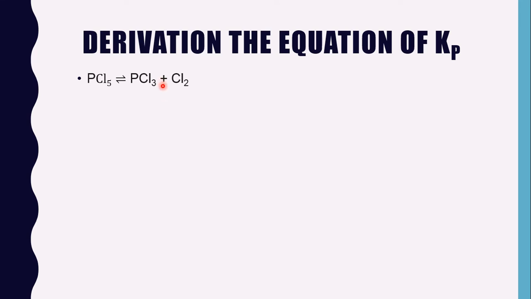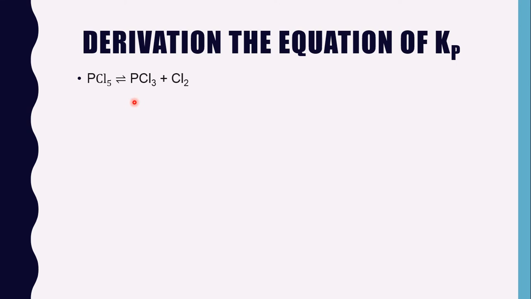Now what is Kp? Kp is the ratio of partial pressure of the products and partial pressure of the reactants. That means Kp equals partial pressure of products divided by partial pressure of reactants. That means to derive the equation of Kp, we need to know the partial pressure of products and partial pressure of reactants.